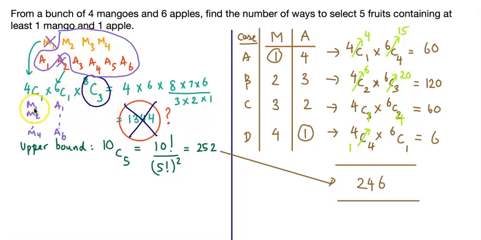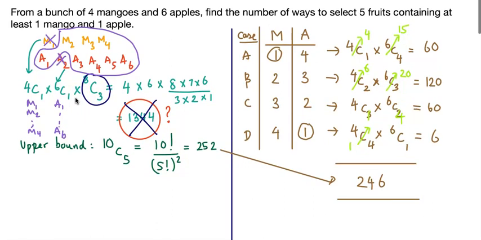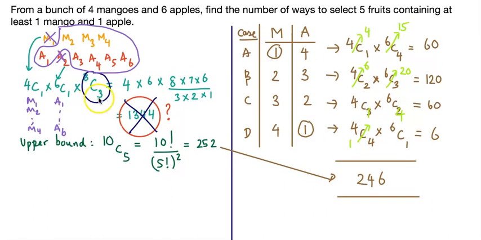Because let's say you picked M1 here and then you picked M2 here. But then when you pick M2 here and you pick M1 here with the fixed A, you're going to double count combinations here, right? And that is very hard to detect, especially if you have a time constraint and want to quickly solve the problem. It's very, very tricky. But I hope this example was useful.